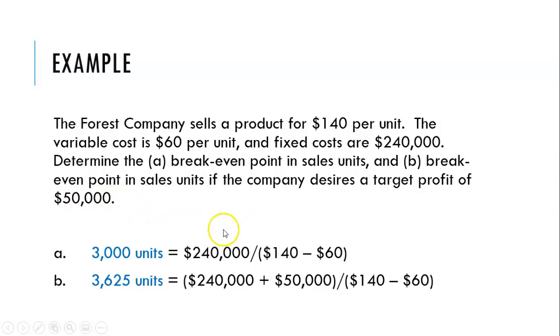So first we're going to take the fixed cost of $240,000 divided by the unit contribution margin. That's the $140 sales price minus the $60 variable cost per unit. So that'd be $80. 240,000 divided by 80 is 3,000 units we need to sell to break even.